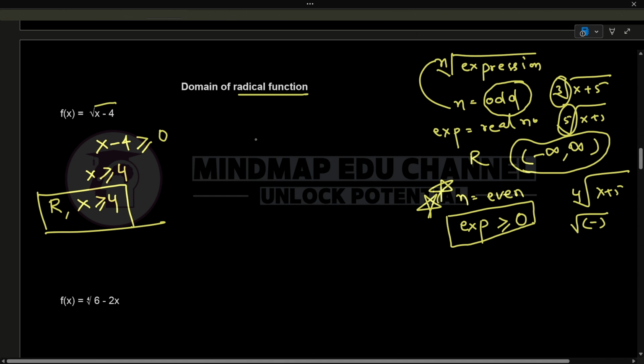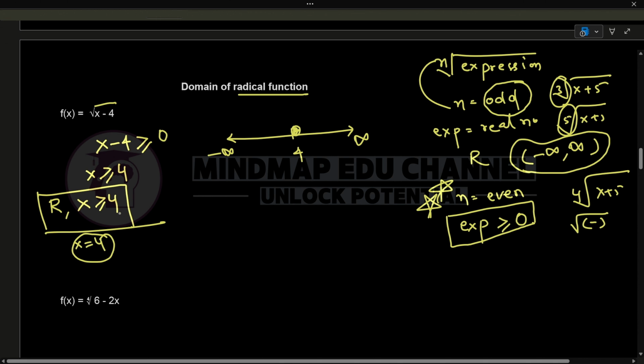Now let's find it in interval notation. Let's mark here minus infinity to plus infinity and 4. Now see here carefully. Here we will mark a closed circle. Why a closed circle? Because here x is greater than or equal to 4. It can be 4, right?